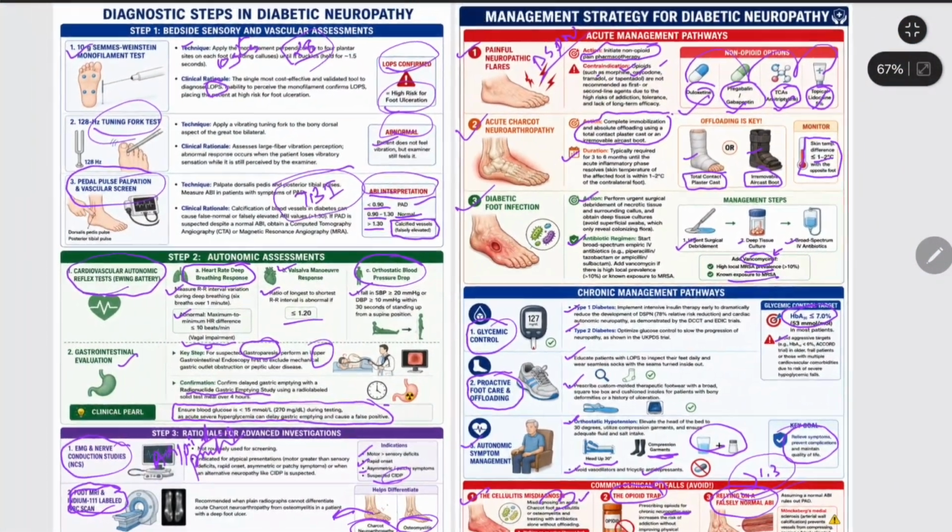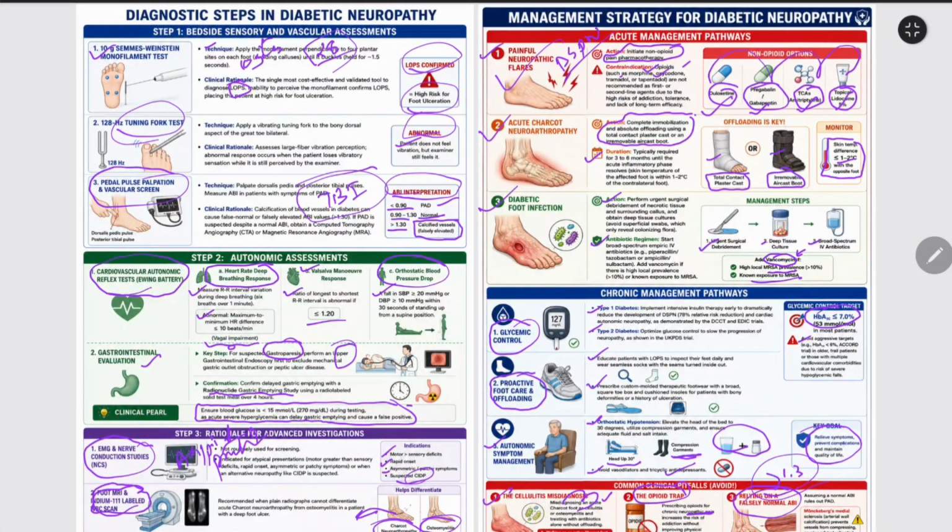Okay, that's about the management. So management of painful neuropathy, management of Charcot arthropathy, management of diabetic foot, and control glucose, wear customized footwear and socks. For autonomic orthostatic hypotension, elevate the head end and wear compression stockings.